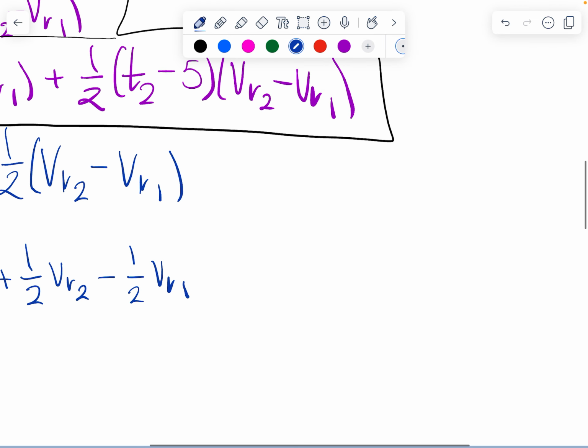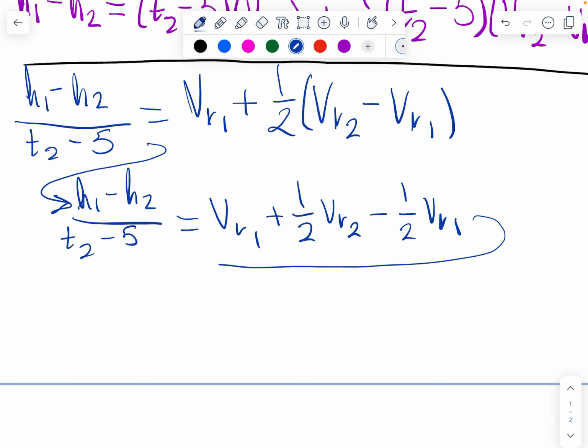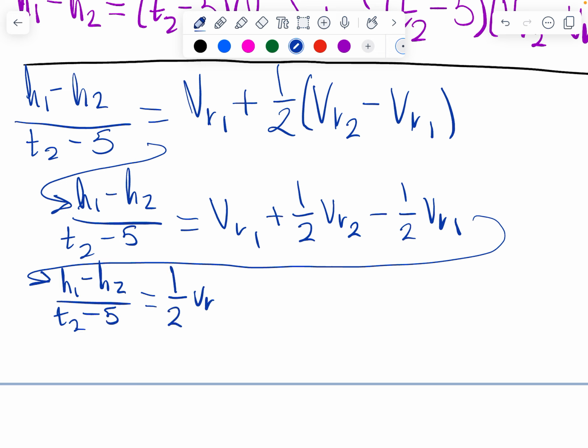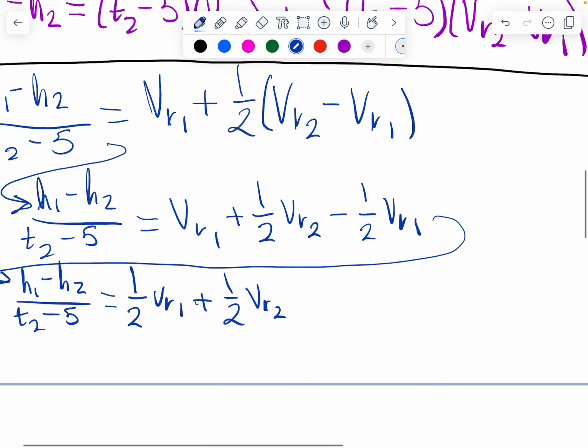Isn't that crazy? So (H1 minus H2) over (T2 minus 5) equals 1/2 VR1 plus 1/2 VR2. Awesome. That's pretty cool.